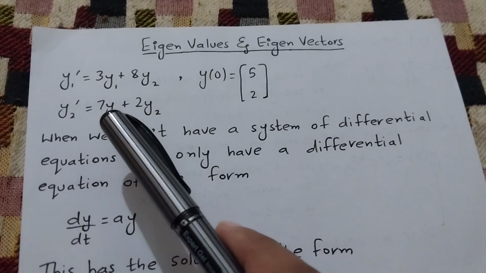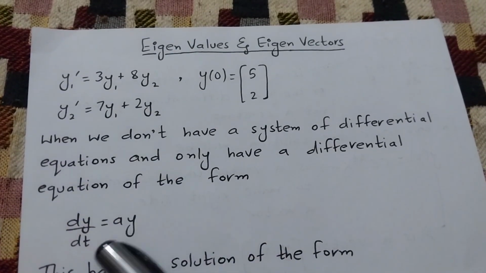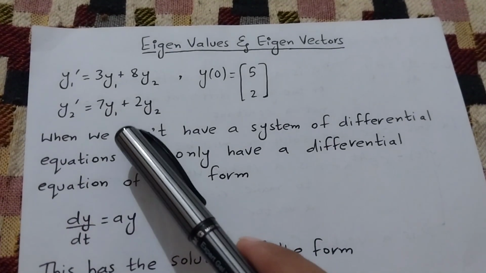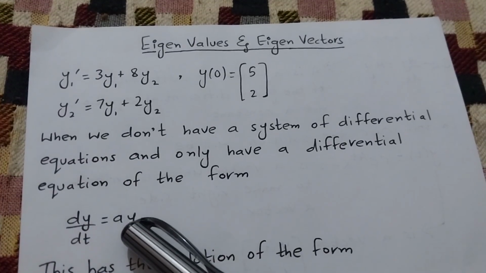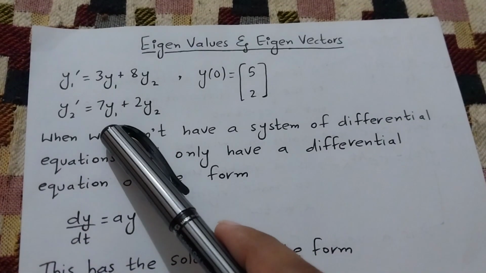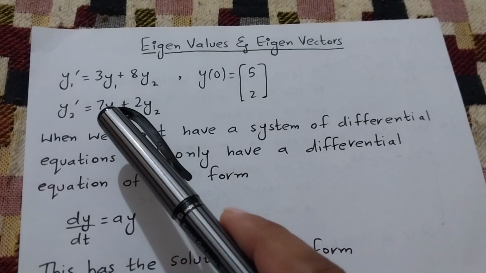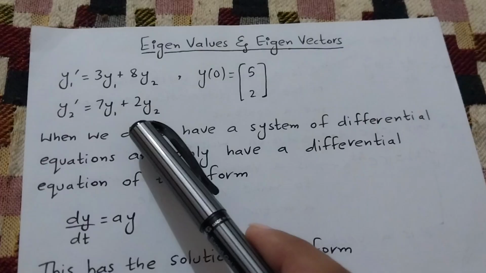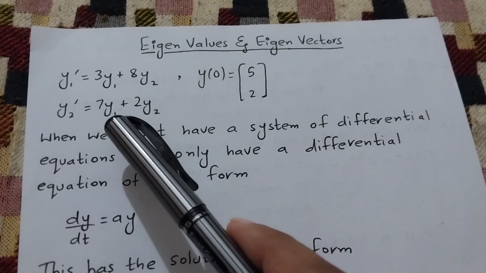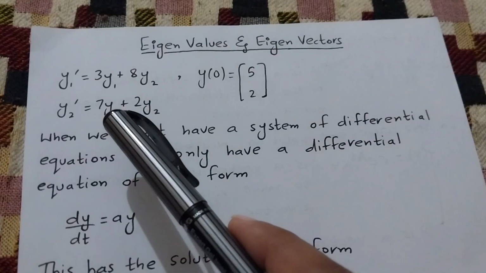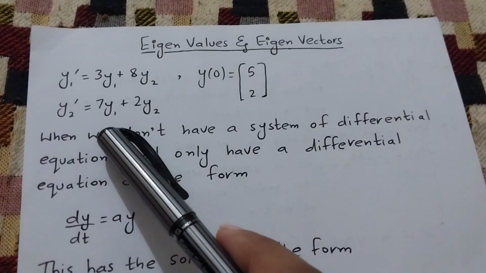So this system is not exactly like this differential equation, because that has a constant multiplied by the unknown. This system has a matrix multiplied with our unknown vector, which is y of t, and it has two components, y1 of t and y2 of t, because we are interested in y1 of t and y2 of t.